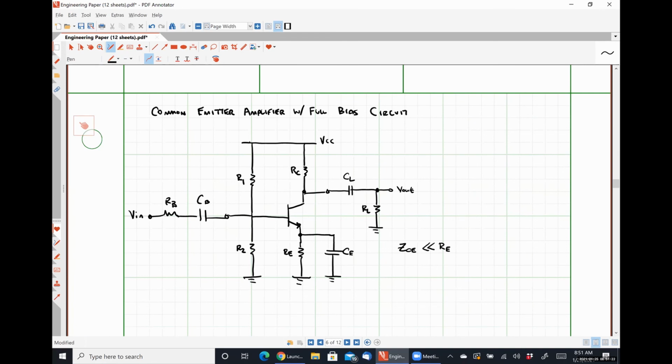So can we use the knowledge that we've gained on how the common emitter amplifier works to analyze this significantly more complex circuit as an amplifier without really increasing the difficulty? Any thoughts?